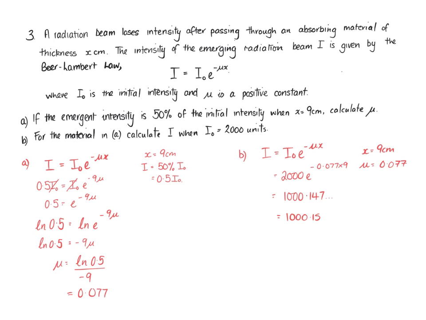And you can see from our answer that we started with 2000 and we ended up with 1000, and we know that's half, which is 50%, so we've got it there, we've not made any mistakes. It's a good little way of proving that we've got our answer right.